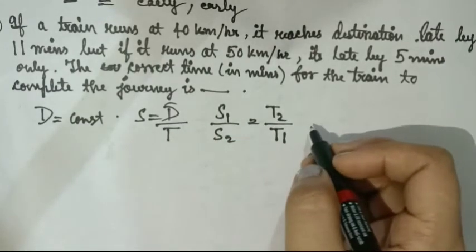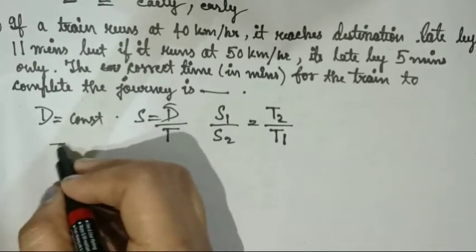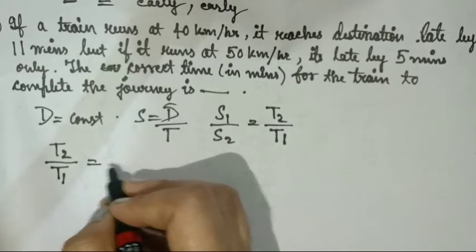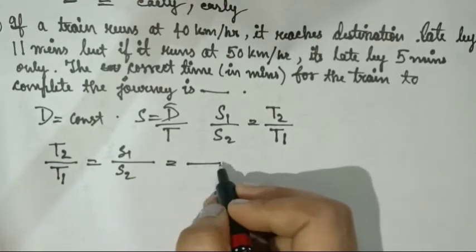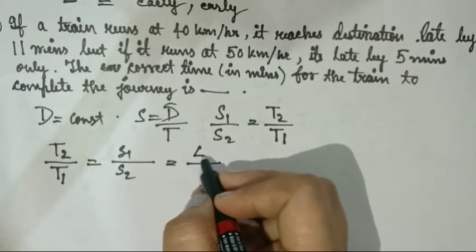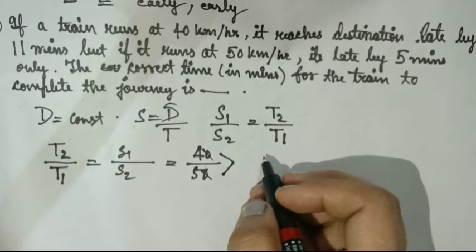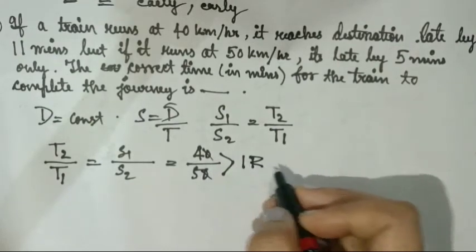So now from this we know the speed. Therefore t2 by t1 is equal to s1 by s2, that is 40 by 50. So now the difference is 1, and let it be 1 hour.